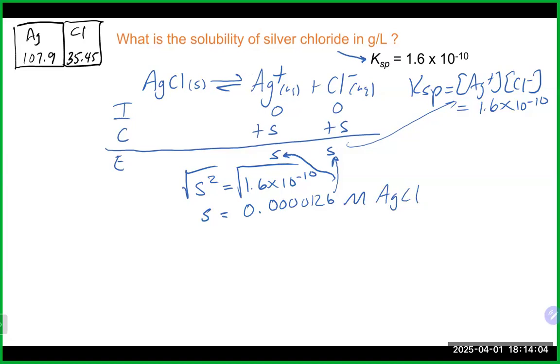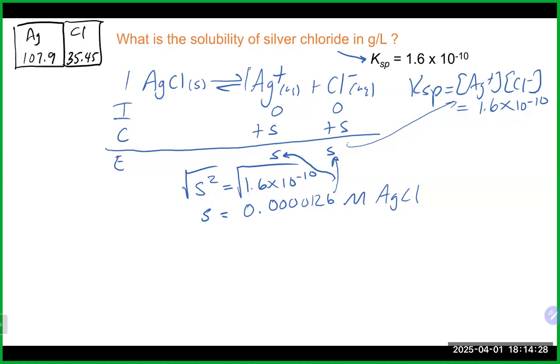If you go backwards, it's a 1-to-1 relationship, so it would be the same number. Basically, when you solve for S in this table, that is the molar solubility of the whole thing. It may or may not be the solubility of each ion like it is in this case. If something had a number in front of it, like a 3S, you would have to multiply it by 3 to get the concentration of those ions at equilibrium.